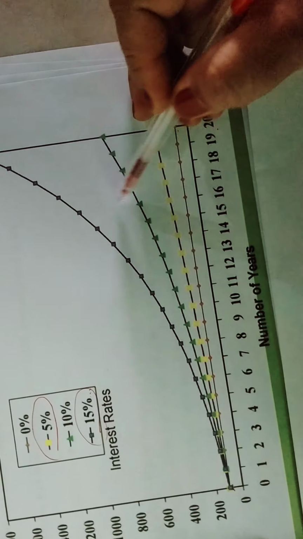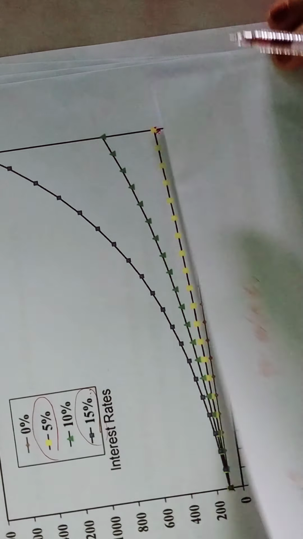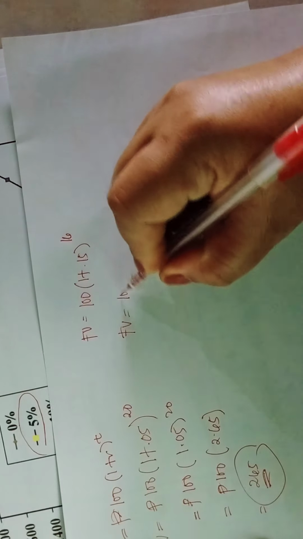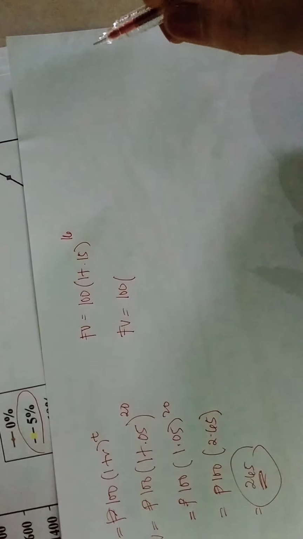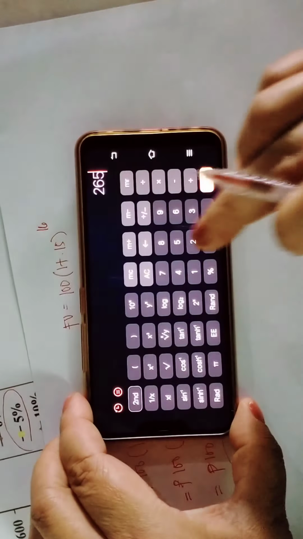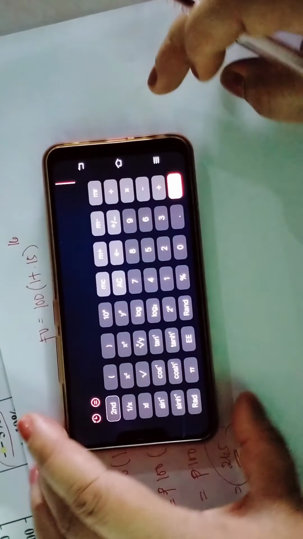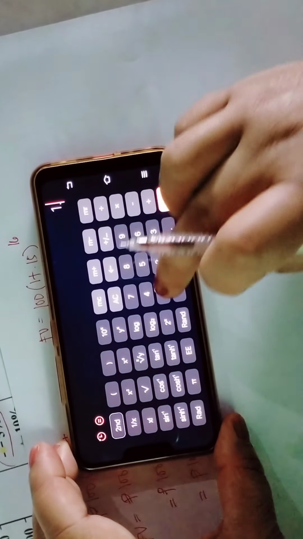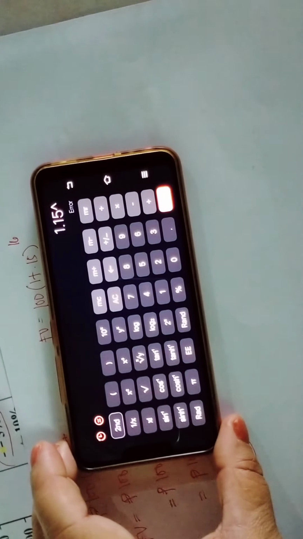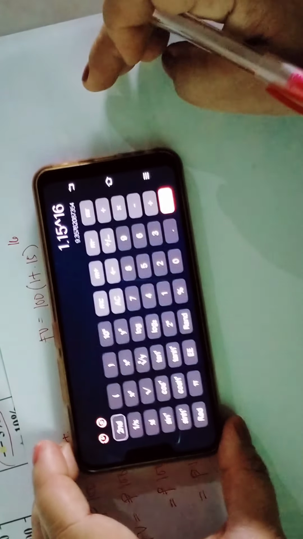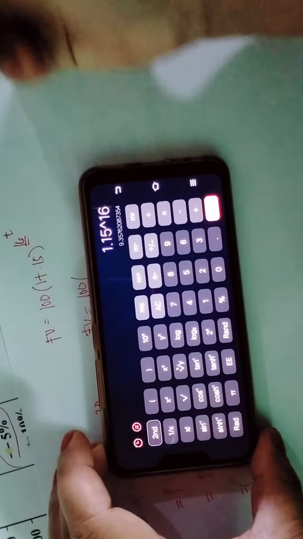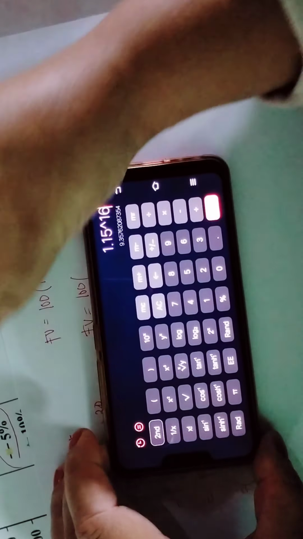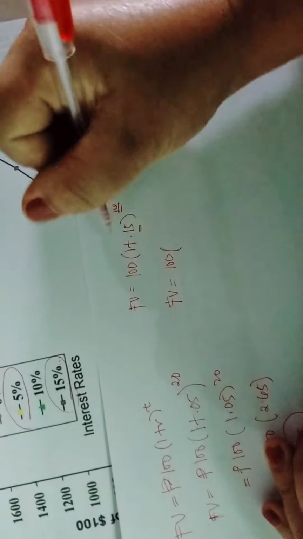Let's find it in the 16th year. This is easy to find. So, 100 times 1.15 to the power of 16. So, get your calculator, 1.15 to the power of 16 years. Remember, 16 is the number of years, and 0.15 is the 15% in our example, which is r, as we saw in the earlier example.